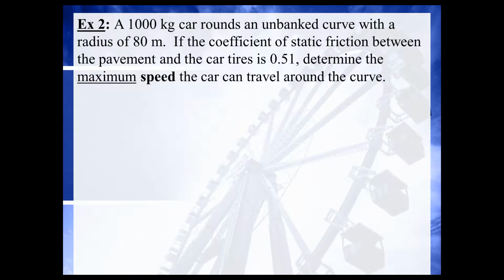Okay, so let's start off once again with the free body diagram. Now, this time I'm going to do it from a side view perspective of the car. Instead of a top view perspective, I'll do a side view. Okay, so here's the center of the circle. Here is my object. We'll do the MAD first.